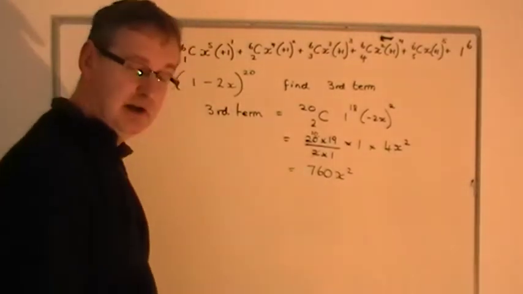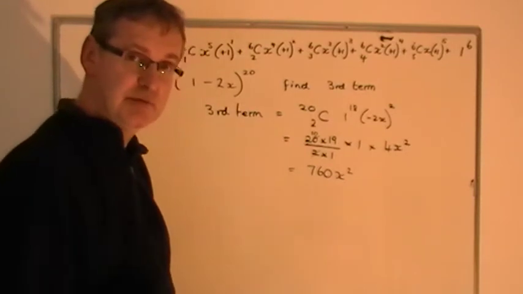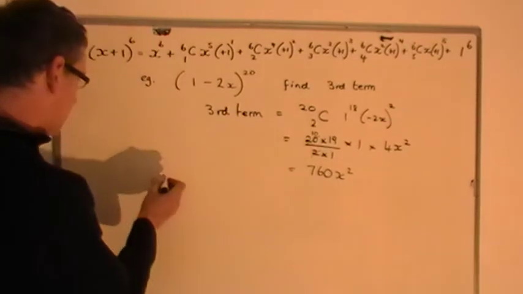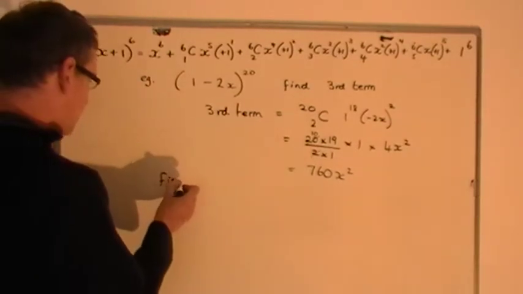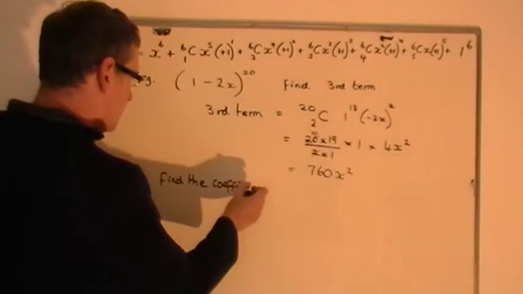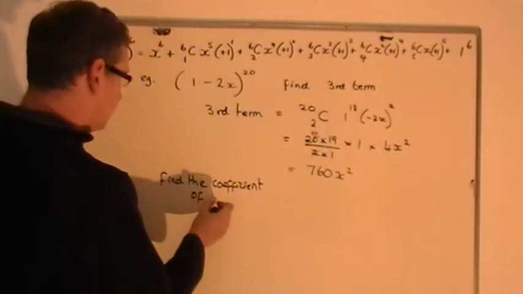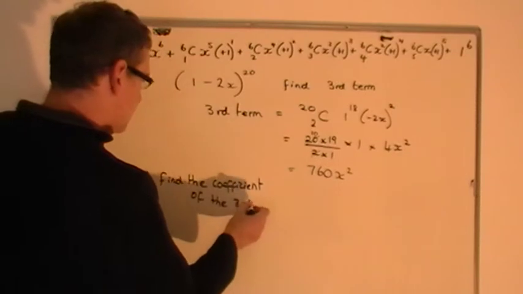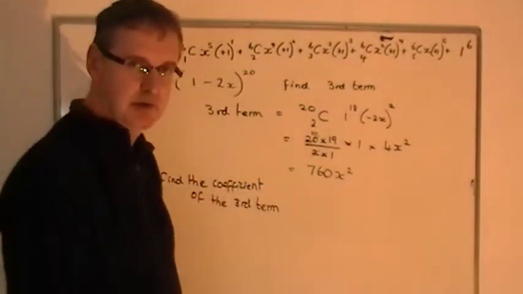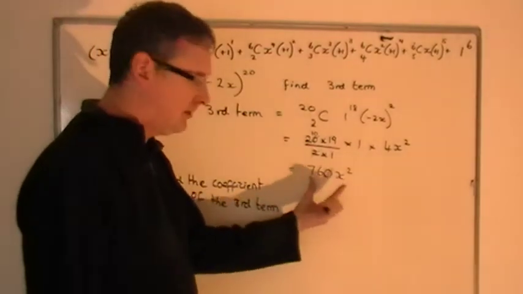Just an added complication that they sometimes add, and you've got to be careful about this. Sometimes they might say this, find the coefficient of the third term. If they want the coefficient of the third term, they're not actually interested in the whole term itself.